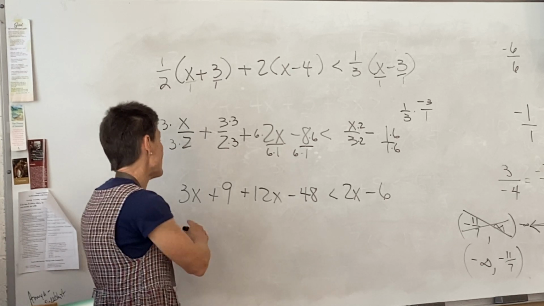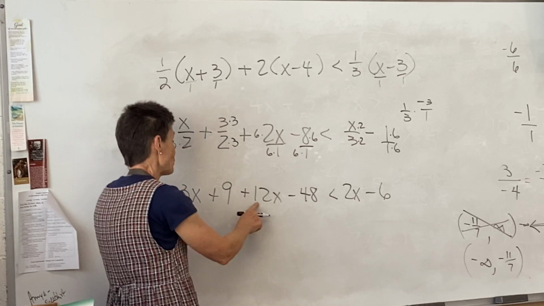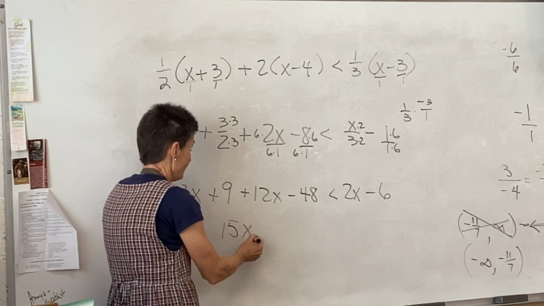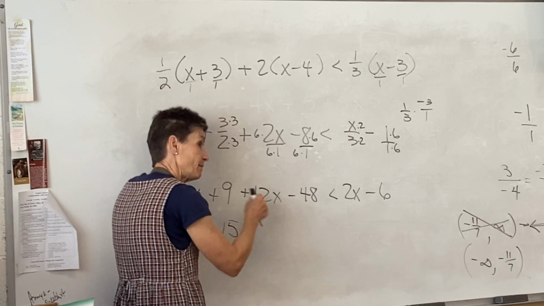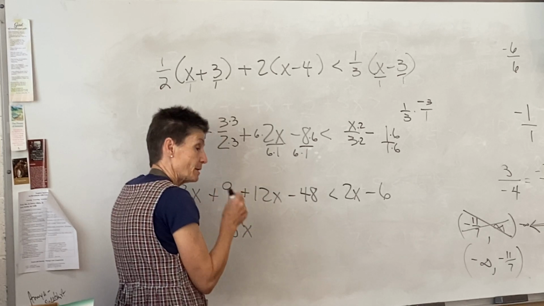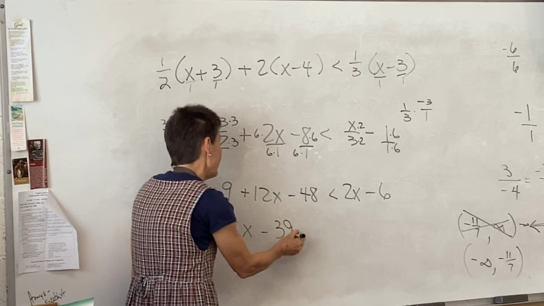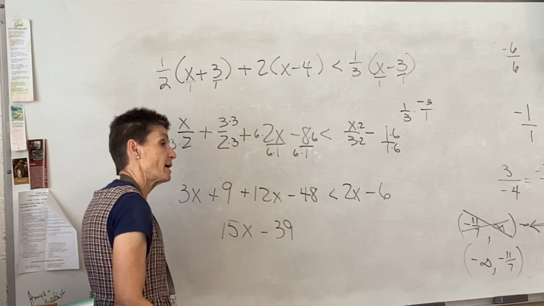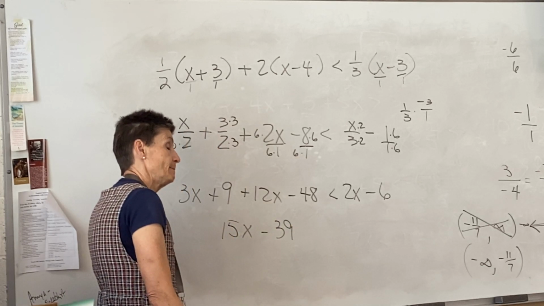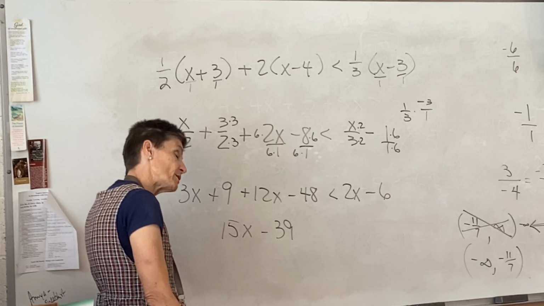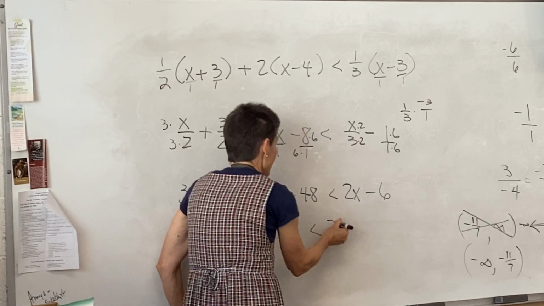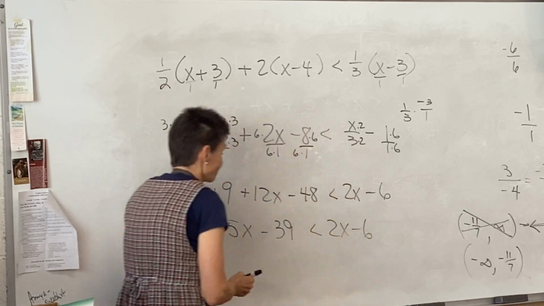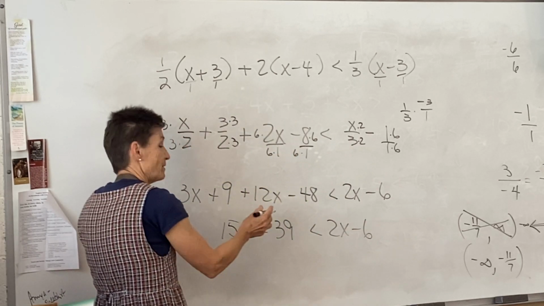Okay, so 3 and 12, I'm going to start combining now. 3 and 12 is going to make 15. And a positive 9 and a negative 48: negative 39. We can get our calculators, it's okay. I hope we can do that without a calculator, but if we can't, we can't. All right, now what? Let's move that 2x over.